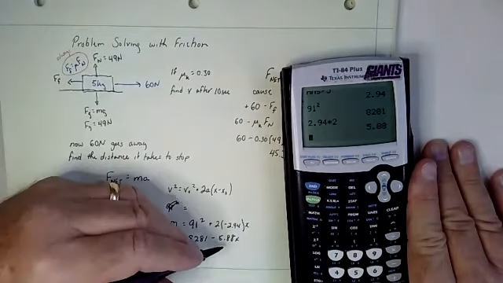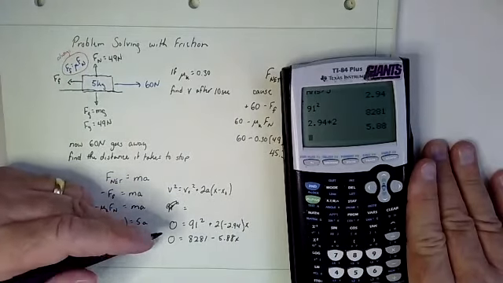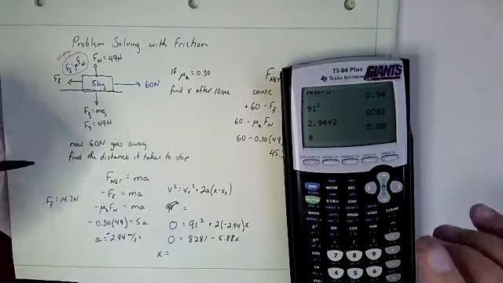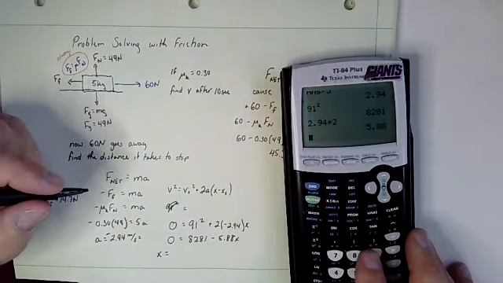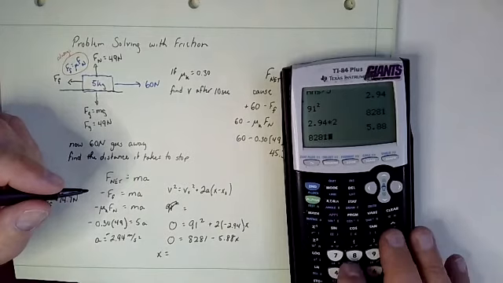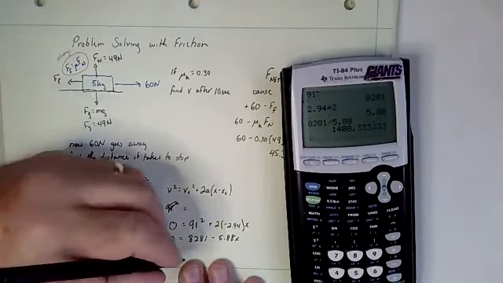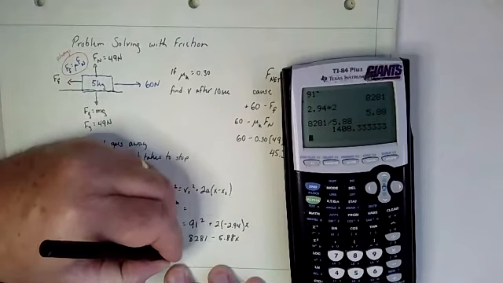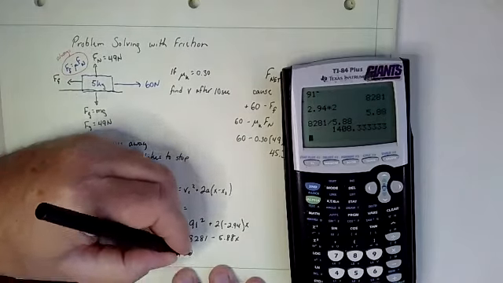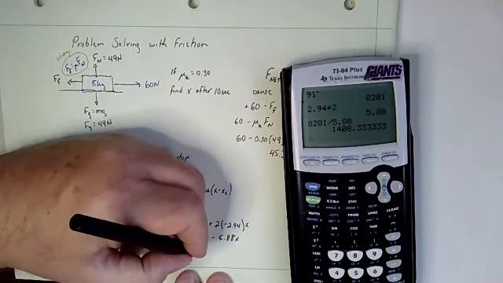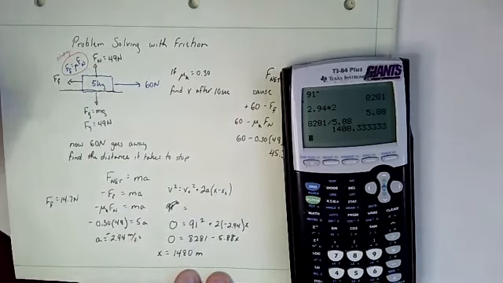And now to solve this, we're going to bring this over to the other side of the equation and then divide both sides by 5.88. Yeah, so it's going to go pretty far, over a kilometer, not quite a mile though. And we can round it off there, and that's in meters.